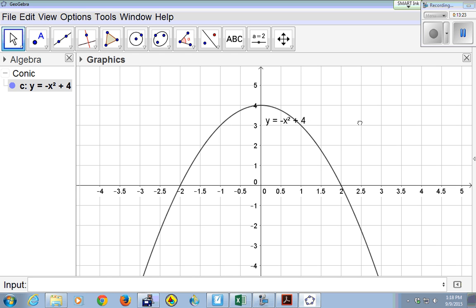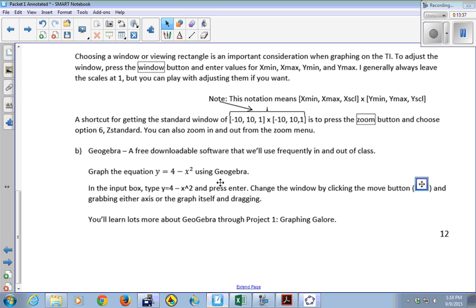So there's tons and tons of things you should play around with in here. It's really user-friendly and great. So the first project will guide you through a lot of cool things that it can do. And it will be a great resource as you're working on homework and things too. If you don't have a graphing calculator, GeoGebra will be really handy.